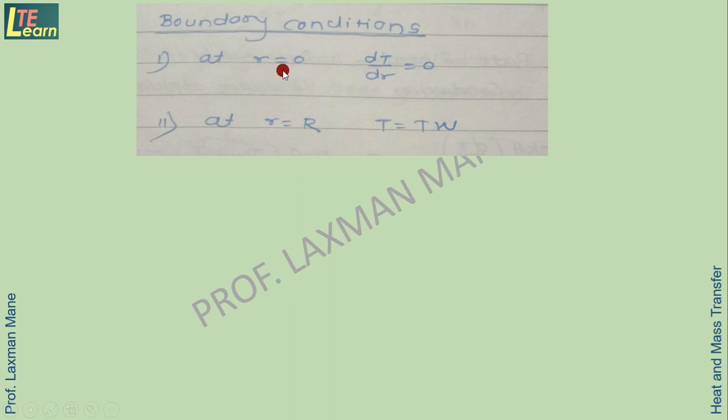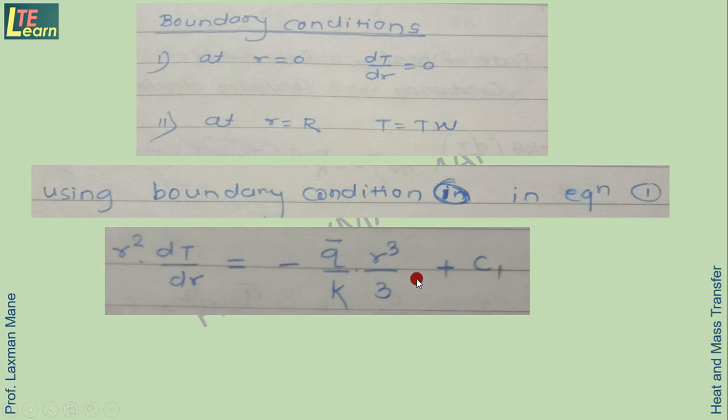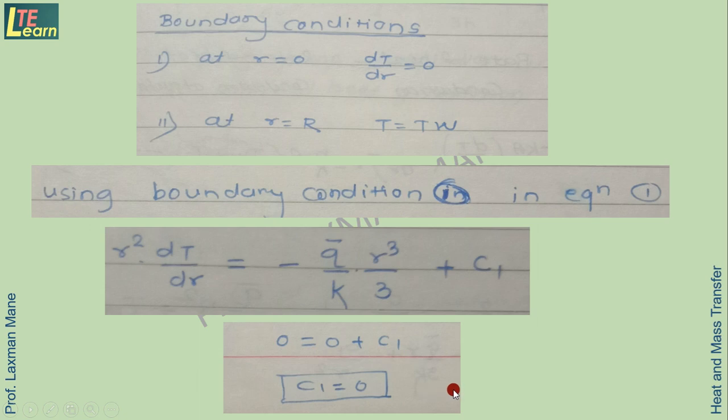At the center r is equal to 0, dT by dr is 0, and at the surface means r is equal to capital R, T is equal to wall temperature means TW. So first boundary condition, equation number 1, this is first equation. So r is equal to 0 means left side becomes 0, this term also becomes 0, so C1 comes 0.